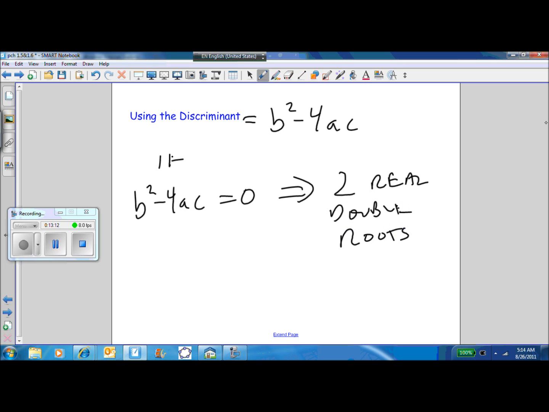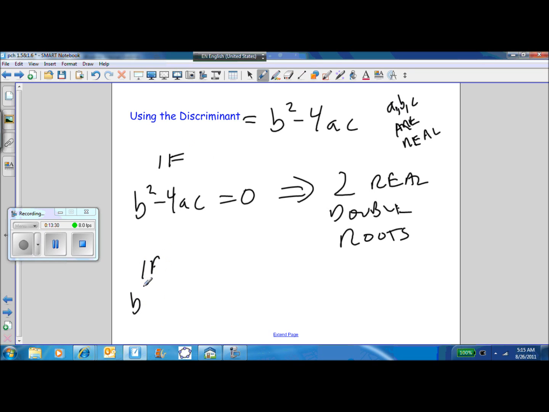This is, of course, assuming that a, b, and c are real. A lot of our stuff goes out the window if we start using imaginary coefficients in the quadratic formula. But if a, b, and c are real coefficients, then you can use this as a predictor.